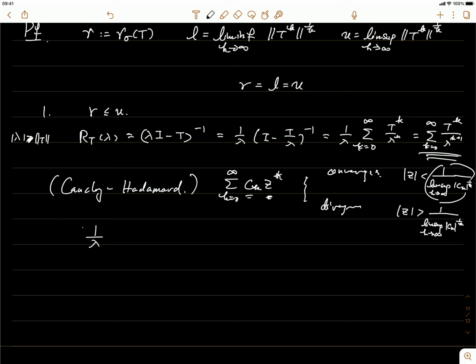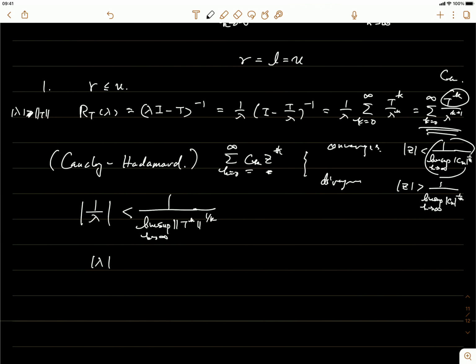But the point is that the radius of convergence condition is that this needs to be less than the 1 over the upper limit of the norm of T^k to the 1 over k, which is like the c_k. And this is equivalent to saying that lambda must be greater than the lim sup of ||T^k||^(1/k).